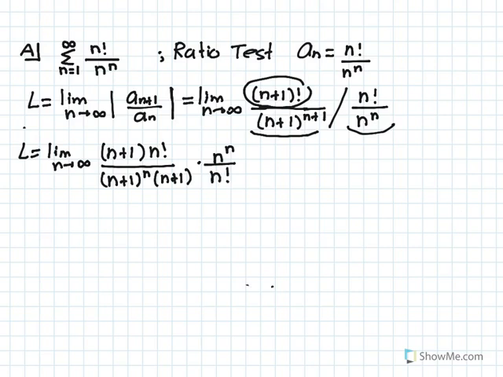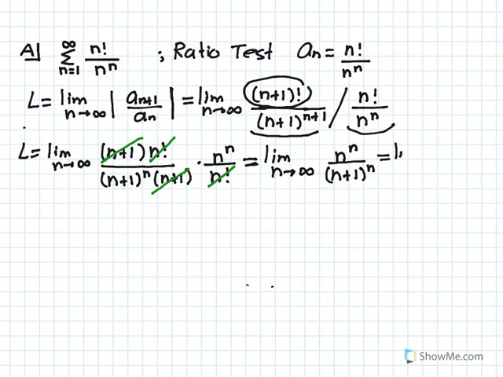And now we get the cancellations. N factorial in the numerator cancels out with n factorial in the denominator. N plus 1 in the numerator cancels out with n plus 1 in the denominator. So we get the limit as n approaches infinity, n to the power of n divided by n plus 1 to the power of n.